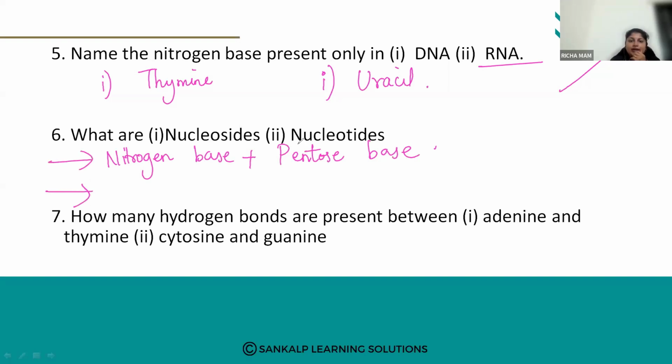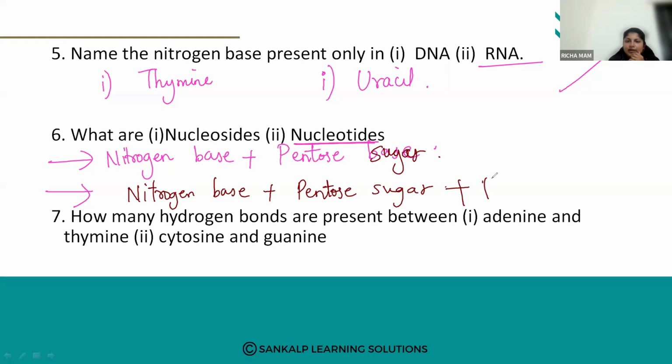Then what are nucleotides? Nucleotides consist of nitrogen base, pentose sugar, and a phosphate group.